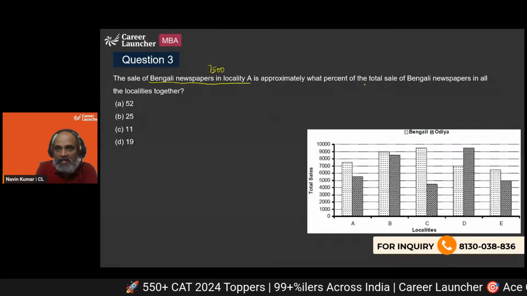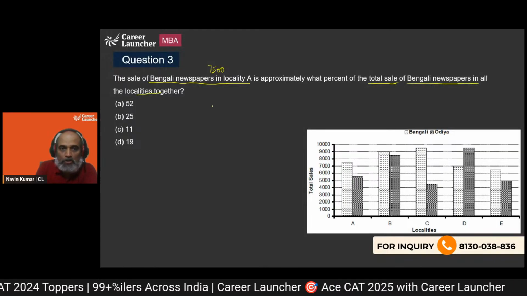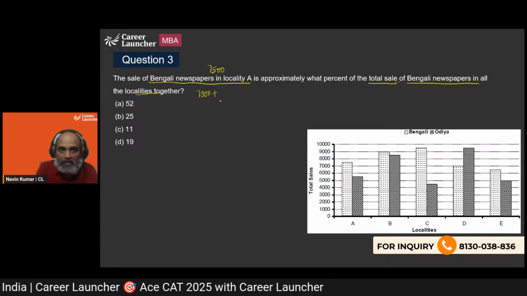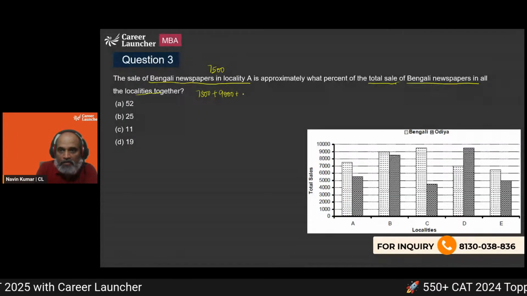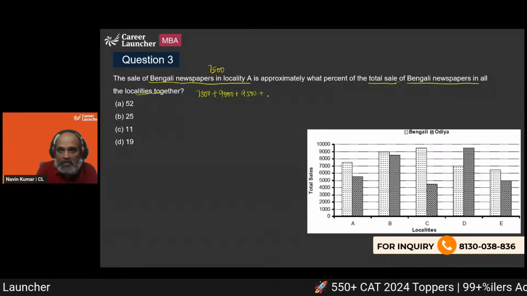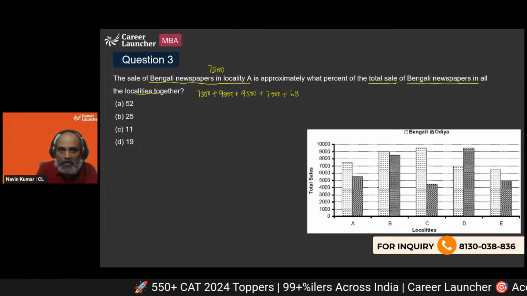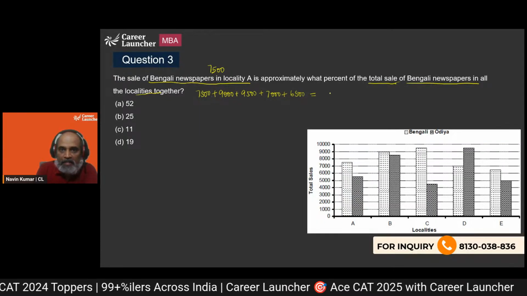And the total sale of Bengali newspapers in all the localities together. So it's going to be 7,500. For B, it is 9,000. For C, it is 9,500. For D, it is 7,000. For E, it is 6,500. So if we add 500, 500, 500, that is 1,500.